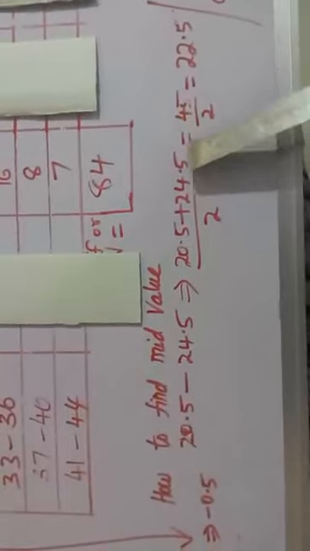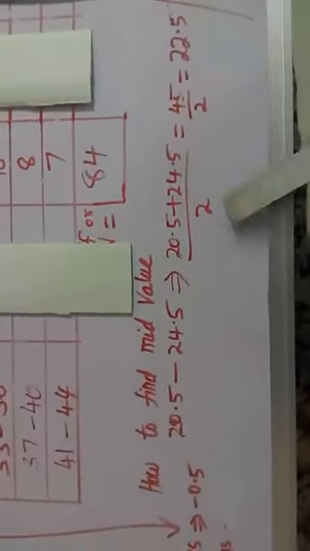Likewise 24 plus 0.5 is 24.5. Divided by 2, that is the mid value formula, x1 plus x2 by 2. So adding, I get 45 by 2. The answer is 22.5.